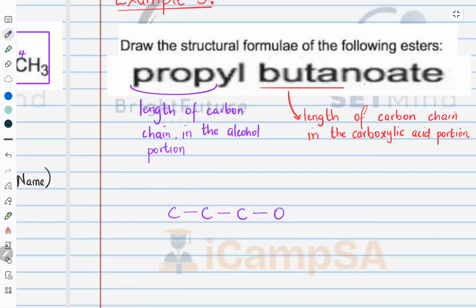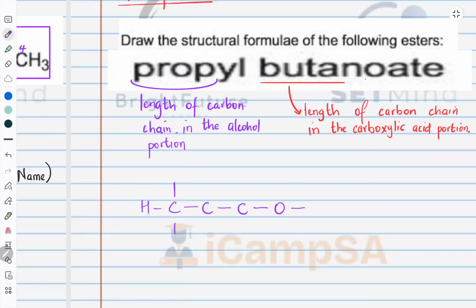And then there'll be that O there because we split it somewhere here. Actually, we split it on the other side. We split it here, right? So we know that on the other side of the O, we will have 3 carbon atoms for the alcohol portion. So we can put our H's.